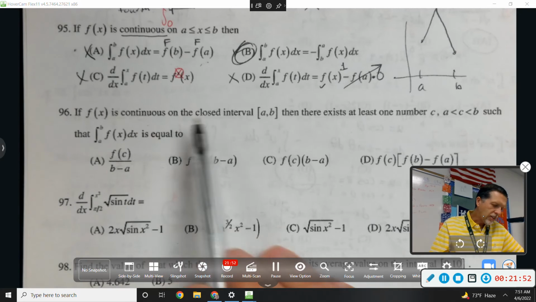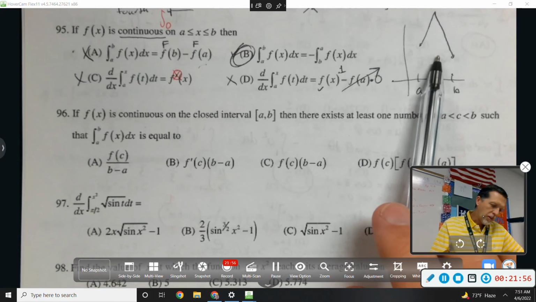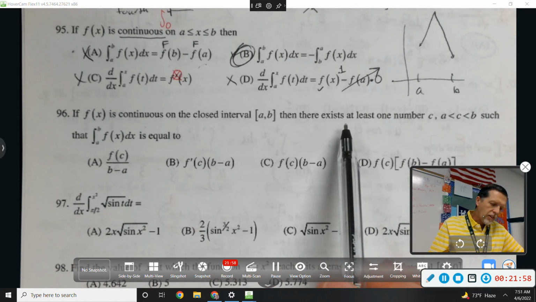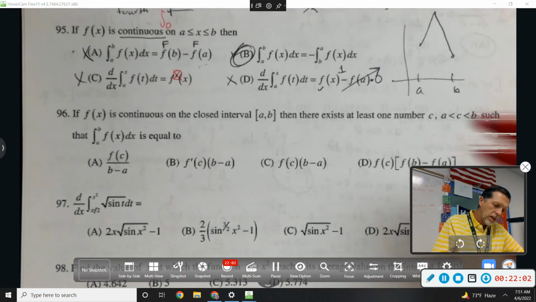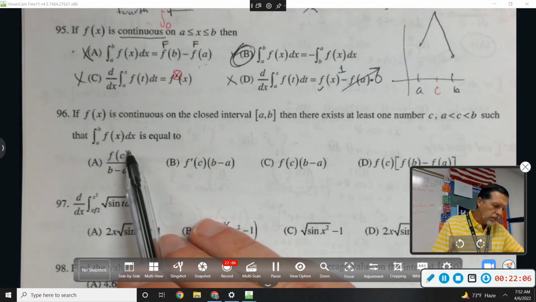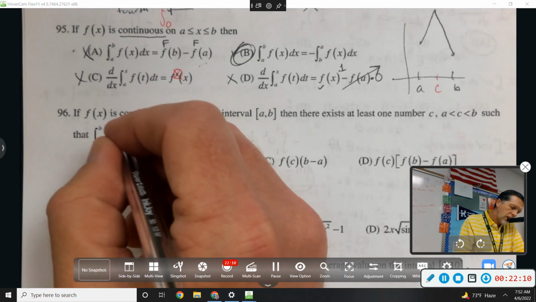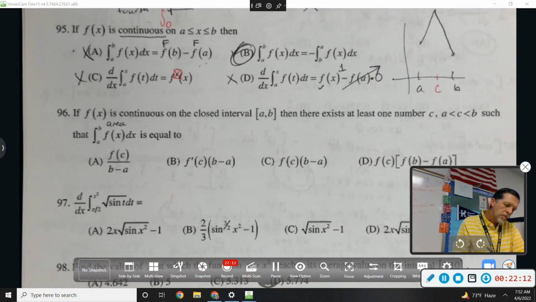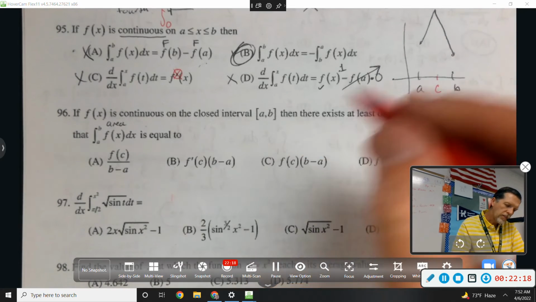96, if f is continuous on the closed interval a to b, so I can kind of use my same picture there, then there exists at least one number c between a and b such that the integral from a to b, that's the area, is equal to, let's see, all of these have f of c in them.